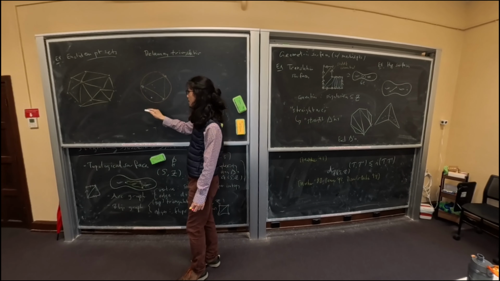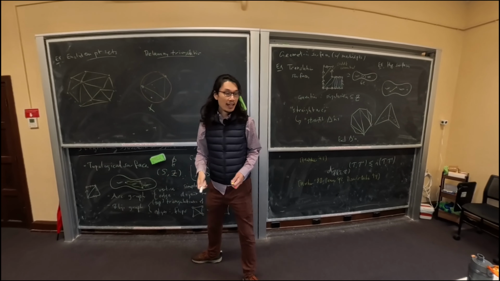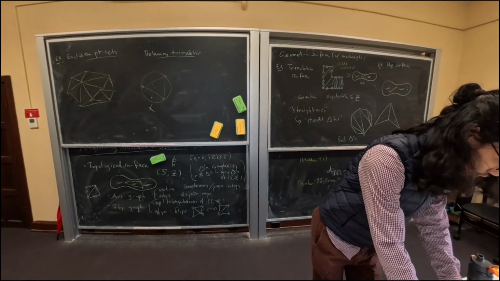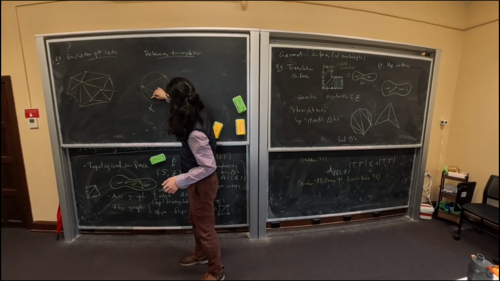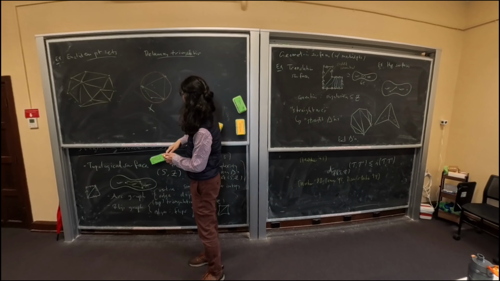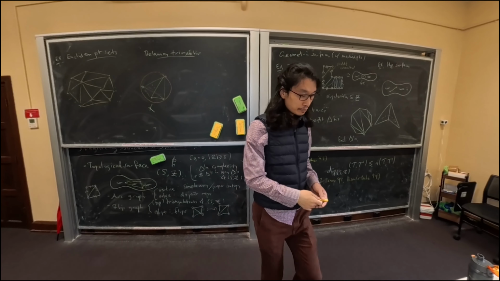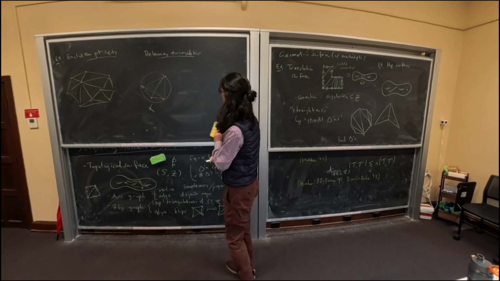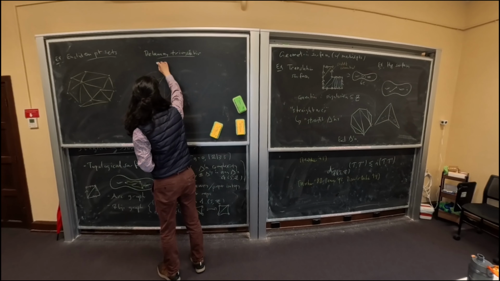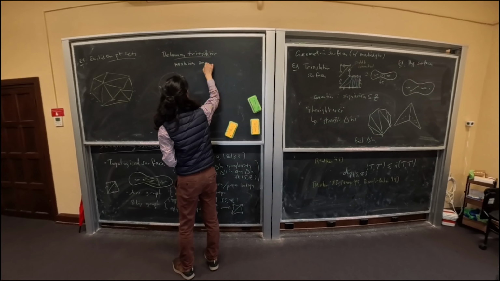You don't want this to happen. A Delaunay triangulation is one where this doesn't happen, and if this does happen, you can take this quadrilateral and do a flip. We have to do it in a careful way, but one property that a Delaunay triangulation has is that it maximizes the smallest angle.